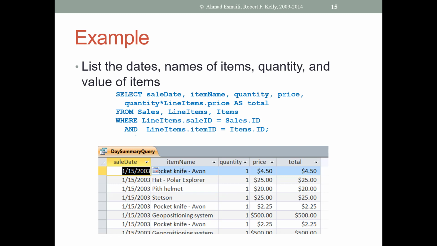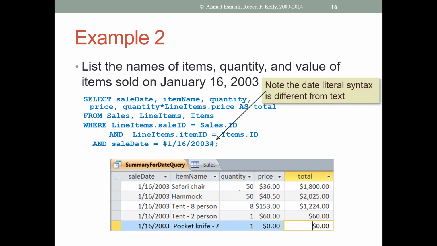Because we are connecting these three tables using two conditions. One condition equates the sale id, which is the foreign key, with the id field of sales. And similarly, item id, which is the foreign key in line items, to the id field of items. Okay, and it should work perfectly fine, and you'll get the result which you see right here. Alright, good. Let's move on.